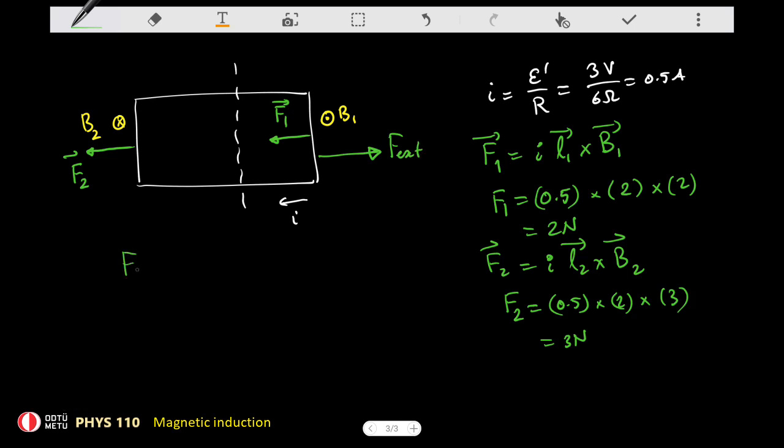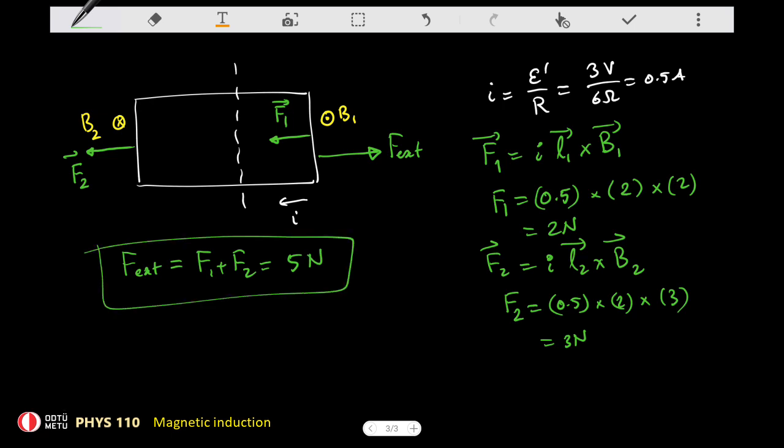The external force should be essentially equal to the sum of the magnitudes of these two forces. So that's F1 plus F2, which would be 5 newtons. So I need to apply a force in the rightward direction, which should be equal to 5 newtons.